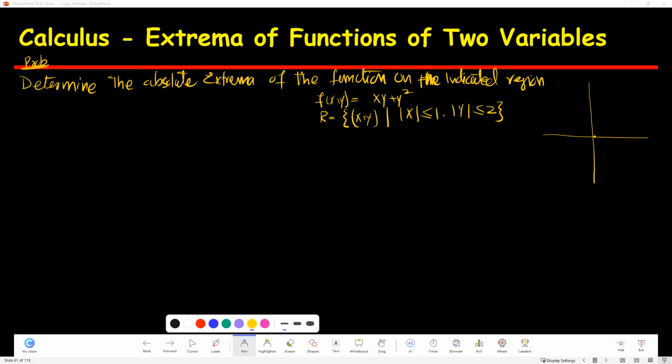If I want to draw this, this is my x-axis and my y-axis. x is 1, minus 1, and I'm going to draw something like this, and it can go both ways.